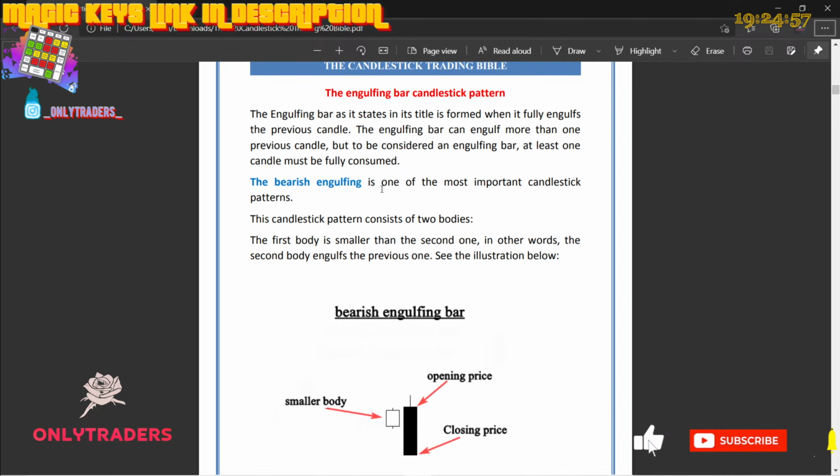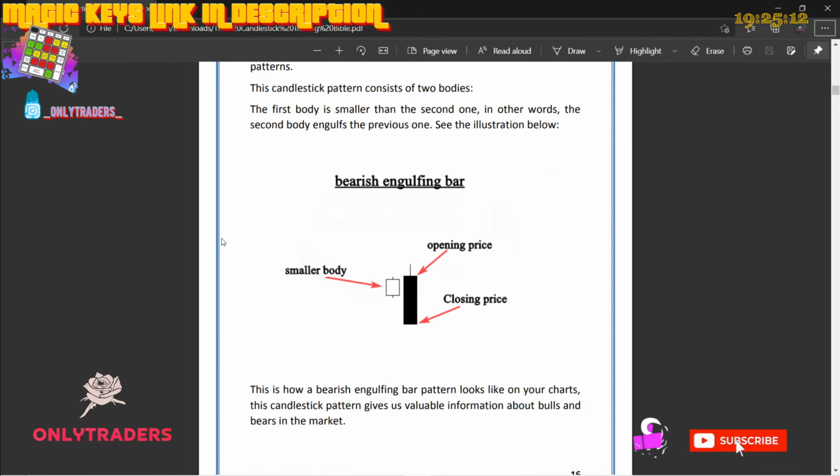So we're going to start with the engulfing candlestick pattern, which is the first pattern that most traders are going to learn because it's one of the most simple concepts, where it's just a bearish candle completely, as you can see, a bearish candle completely engulfing this bullish candle, completely overpowering it.